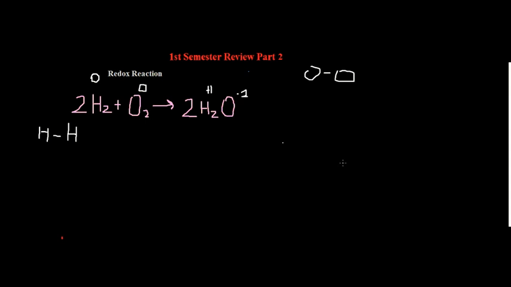So the oxidation agent is anything. In this case, hydrogen is being oxidized since it's gaining a +1 charge, and oxygen is being reduced since it's gaining a -1 charge.